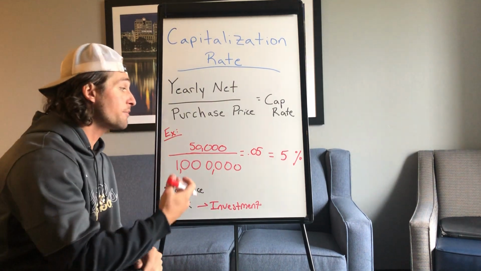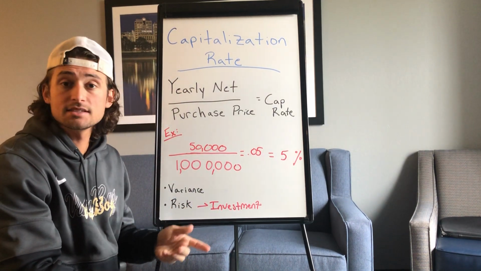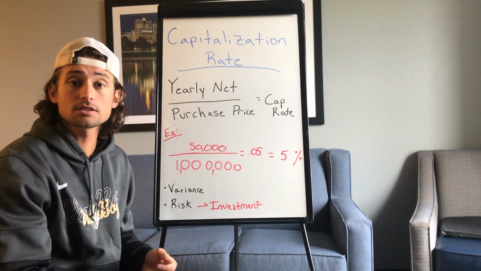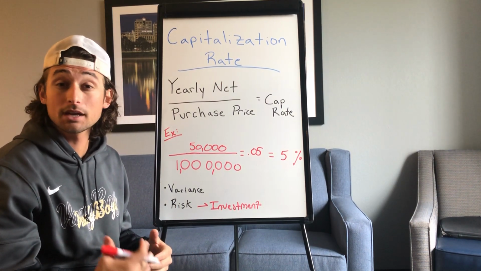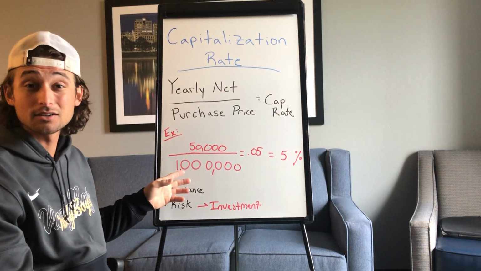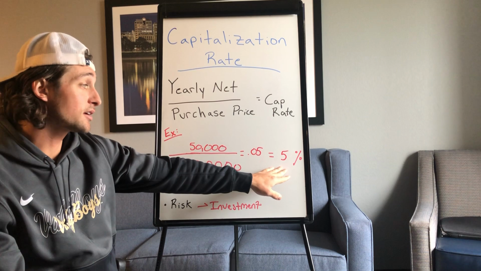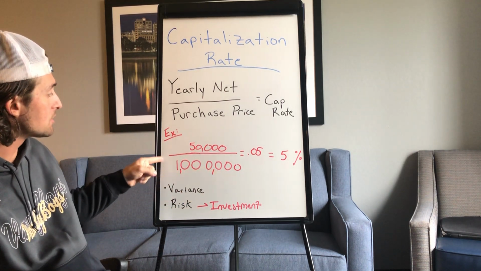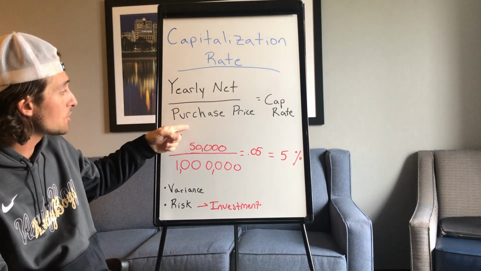Now, 5% in cities like Boston, New York, San Francisco, that's kind of the going number, okay? This is what numbers usually look like, okay? That's what you're going to find. So if we kind of go back to what we talked about earlier, yearly net over purchase price is the cap rate.